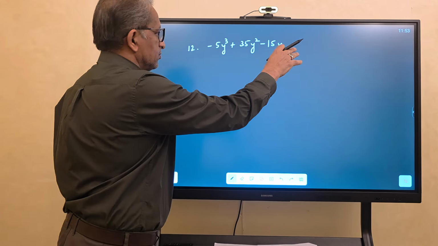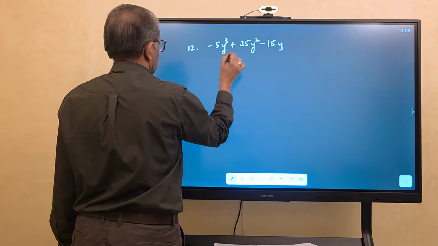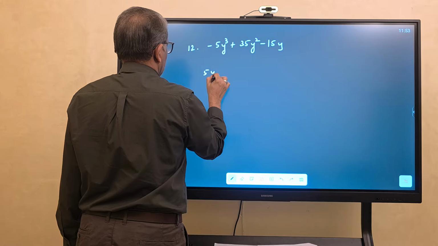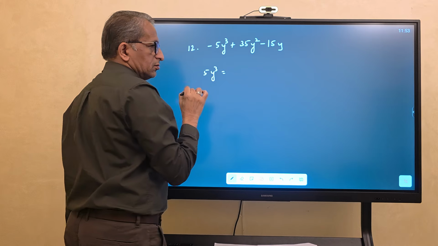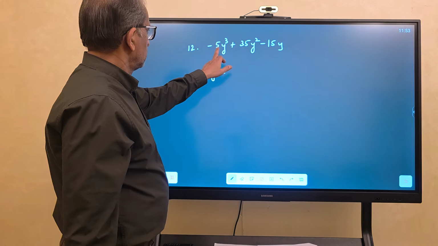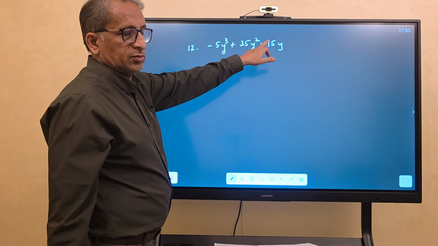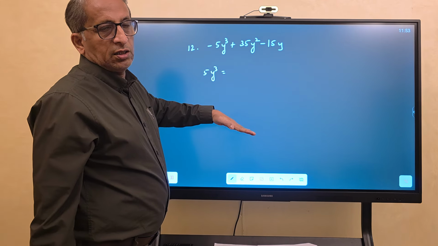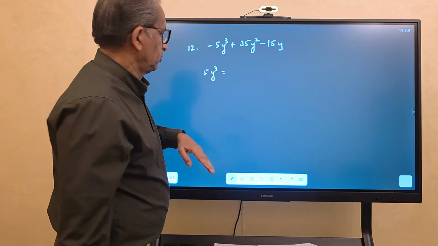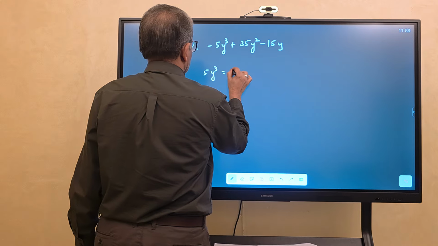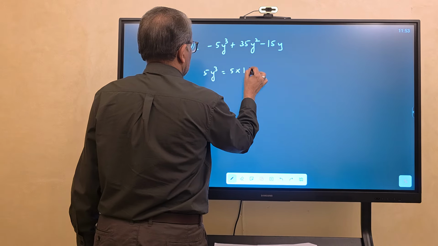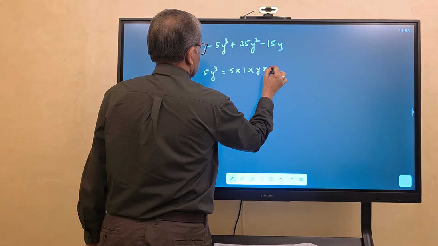So we have three terms. Don't take the signs, only take the terms. 5y cube, no need to take the sign here, only take the terms as positive, because I am finding the factors of each term. So what are the factors of 5y cube? 5, y, y multiplied 3 times.